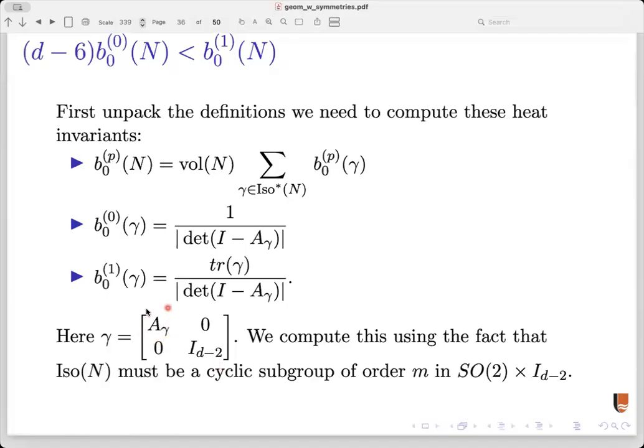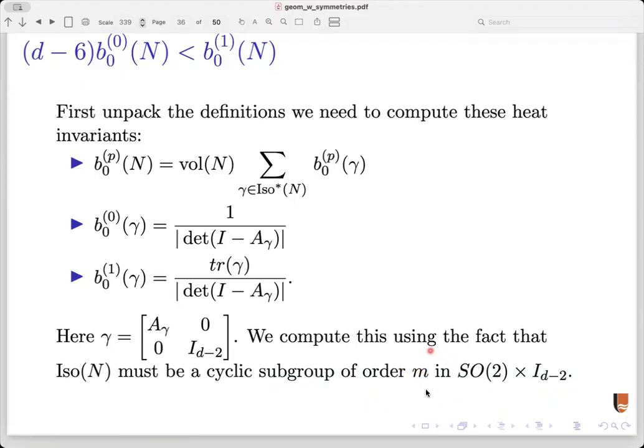And then a gamma, which is now going to be a 2 by 2 matrix right here. Because it's not allowed to fix anything more, because then we would have a higher dimensional stratum, a d minus 1 stratum, it turns out that all of the A gammas together for elements of our isotropy group form a subgroup of rotations, a cyclic subgroup of order m in SO(2) cross the identity d minus 2 here.